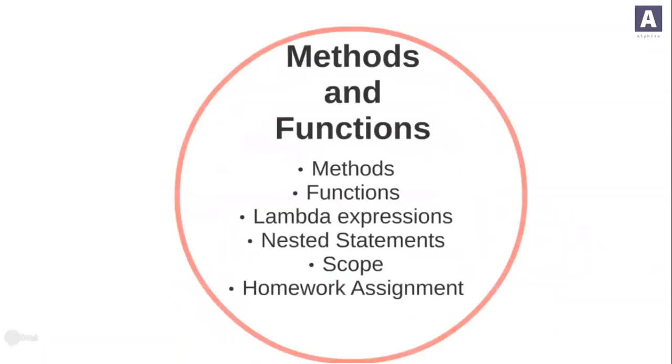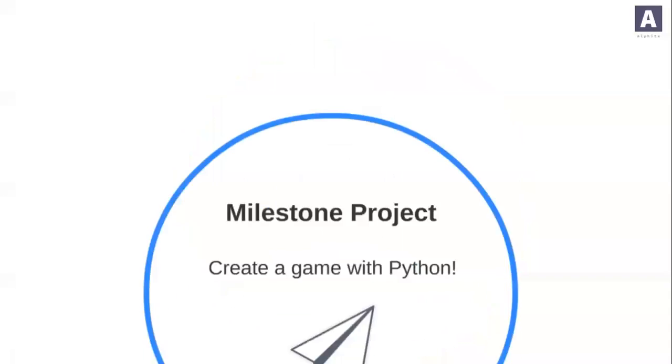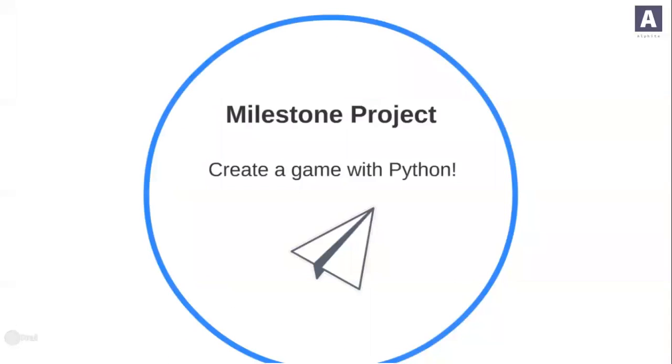Okay, after that we'll go with methods and functions. We'll see what is a method, what is a function, then lambda expressions, nested function statements, scopes, and then we'll have a homework assignment that will also be evaluated by us. Once we are done with that, we'll have a milestone project. So we'll be developing a game using Python.